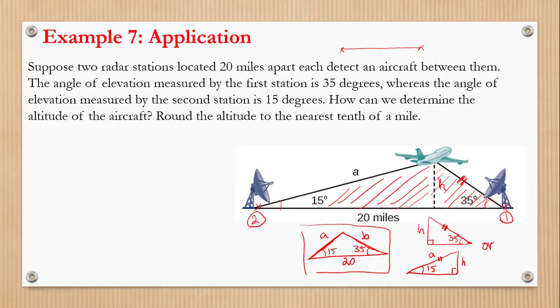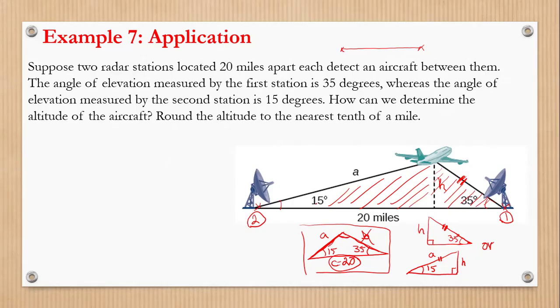To find A, I need to use the law of sines. I need one of the fractions: C over sine C, A over sine A, and B over sine B. Since A and B are both not given, let's just look at C over sine C and A over sine A.